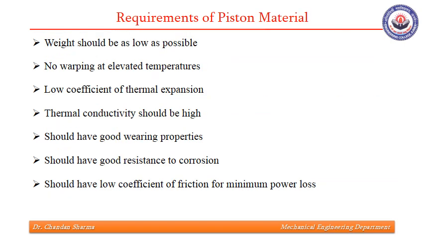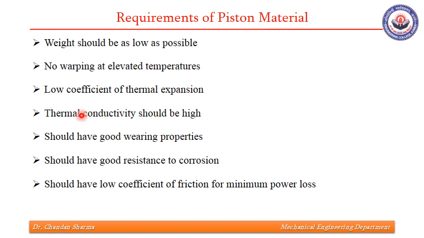To meet these design requirements, piston material should have specific characteristics. These are: its weight should be as low as possible, it should not get distorted at elevated temperatures, it should have low coefficient of thermal expansion, because we know that in the combustion chamber the temperature can be as high as 2000 degrees centigrade.